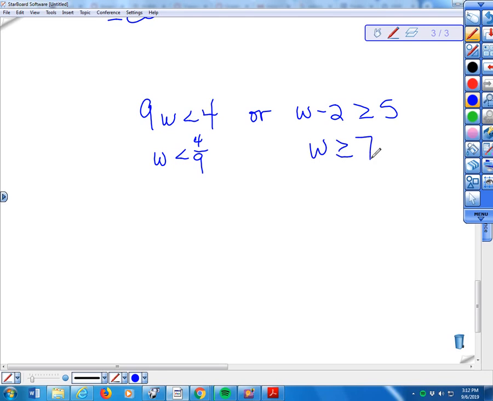I'm going to do just a quick sketch. 4/9 is a little more than a half. So we'll make this 4/9. And W is less than that. And it's greater than or equal to 7. Right?